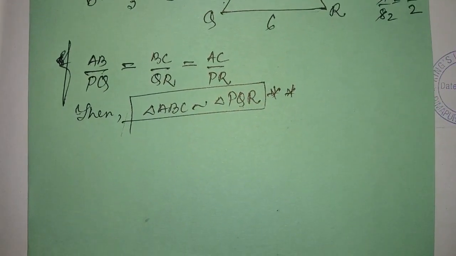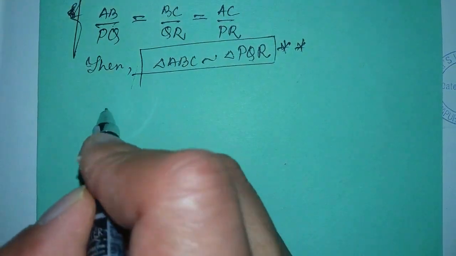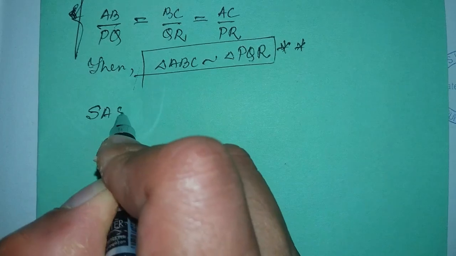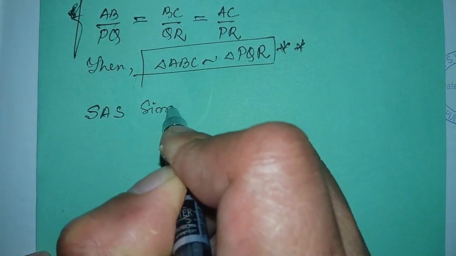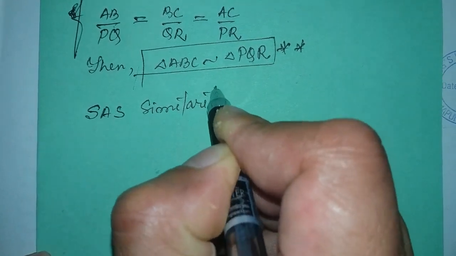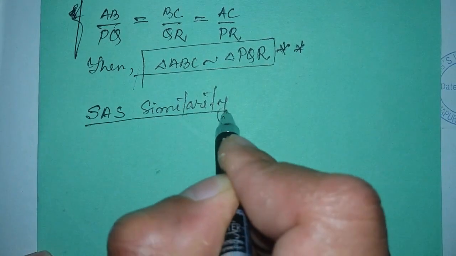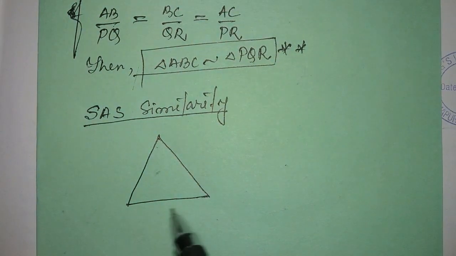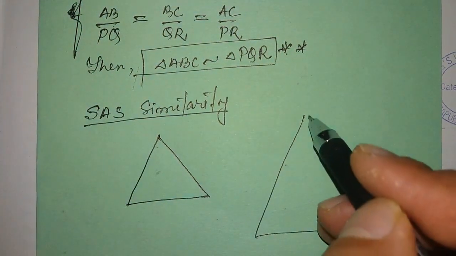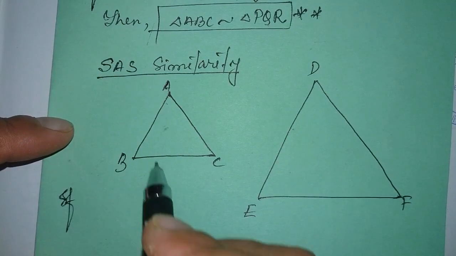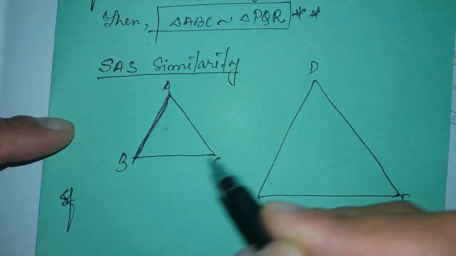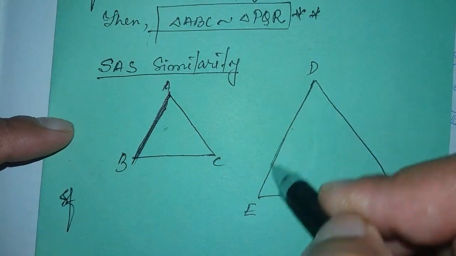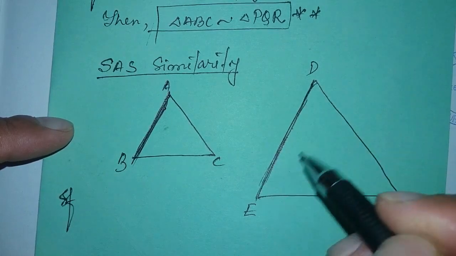Now we have SAS similarity. Let's say the corresponding side of AB is DE.